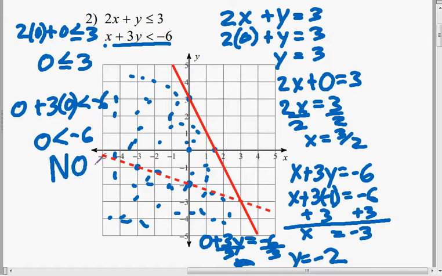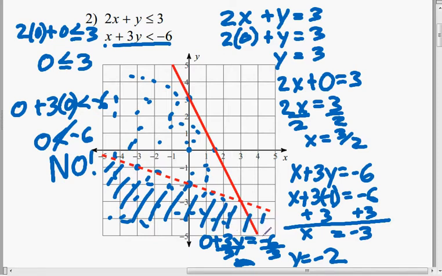No. 0 is not less than negative 6. The point 0, 0 does not work. The origin does not work for this inequality. So I want to shade the area that does work. So everything below the second line works.